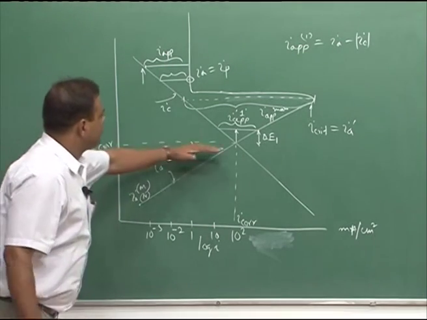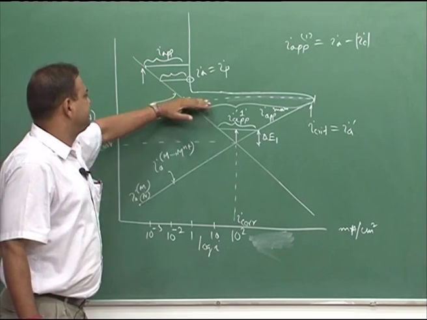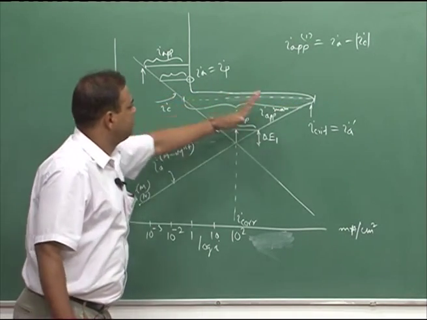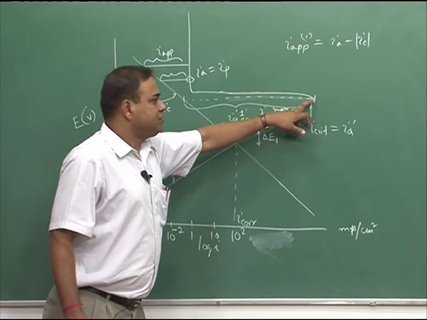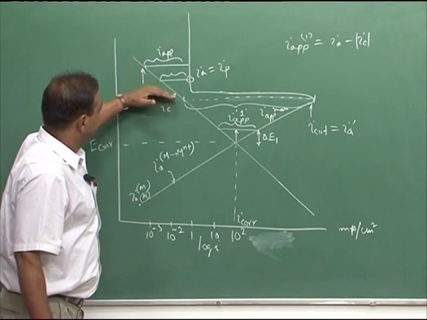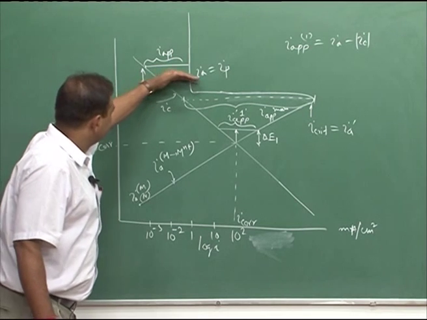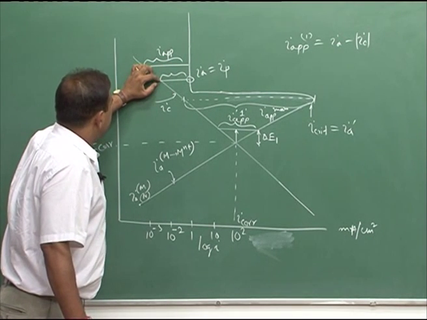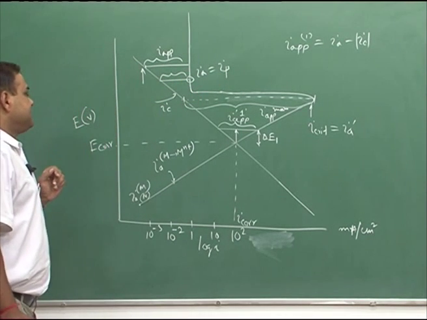So, as we go up, we see initially I applied increases and reaches a maximum value corresponding to I critical, and then if I further increase the anodic polarization, I can reach the passive range, and at that time my anodic current density would be equal to the passive current density.